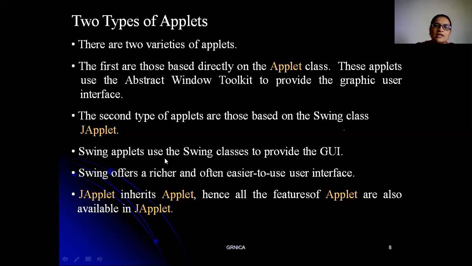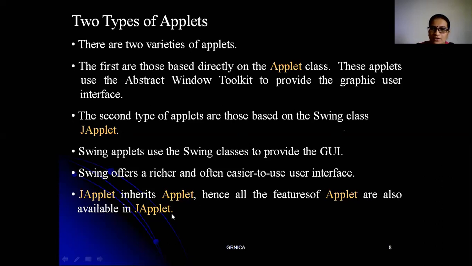Swing applets use the swing classes to provide a GUI, and swing offers a richer and often easier to use user interface. JApplet inherits the applet class, hence all the features of applet are also available in JApplet.